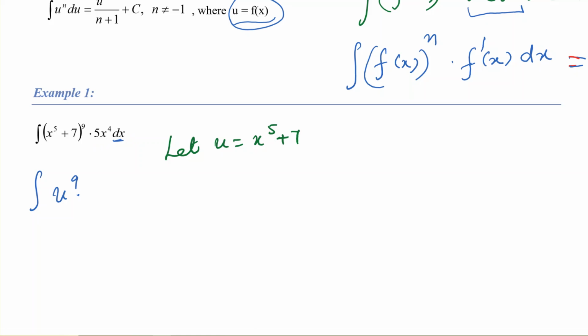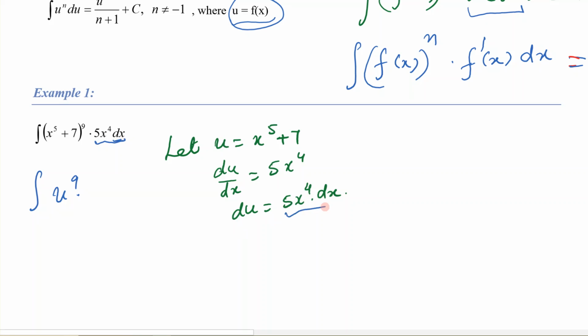Let's take the derivative on both sides. So we get du over dx, that is 5x raised to power 4 plus 0. From here, du is equal to 5x raised to power 4 dx. And now we can clearly see that in place of 5x^4 dx, we can write du.